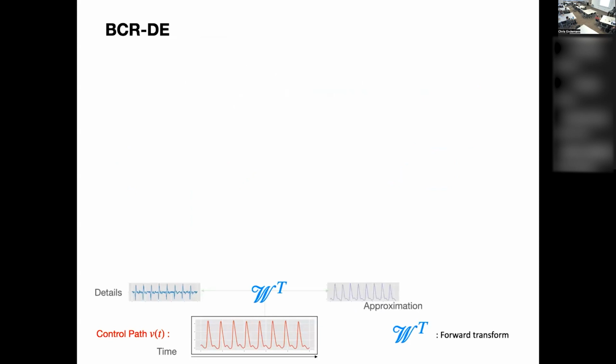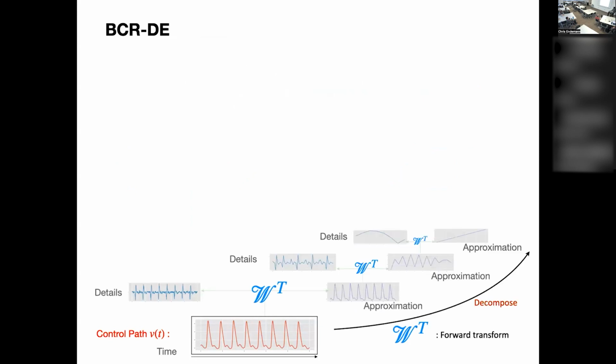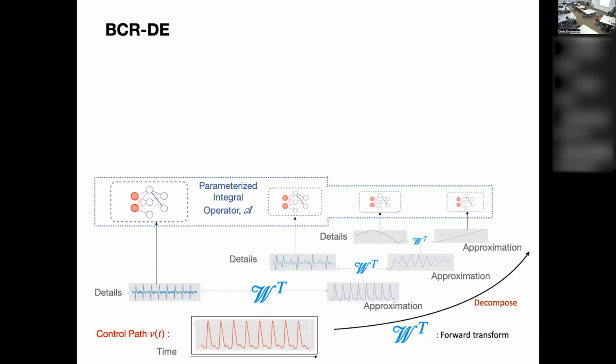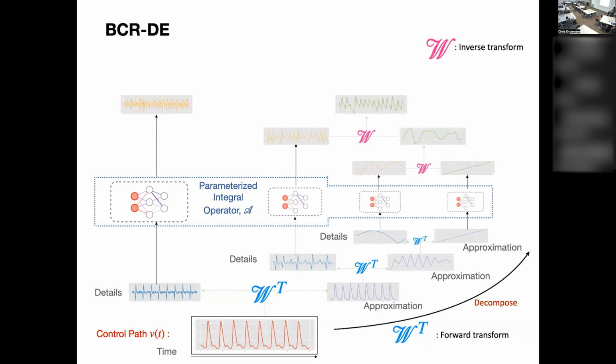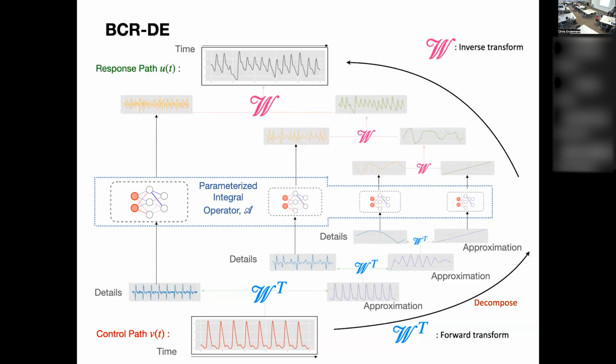So here is the full pipeline. We start with some control path. We perform wavelet decompositions to get details and approximation coefficients at different levels. These are then transformed using the parameterization that we have seen. And finally, we use the inverse transform to get back the response path.